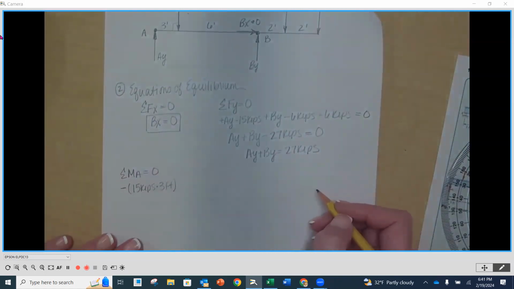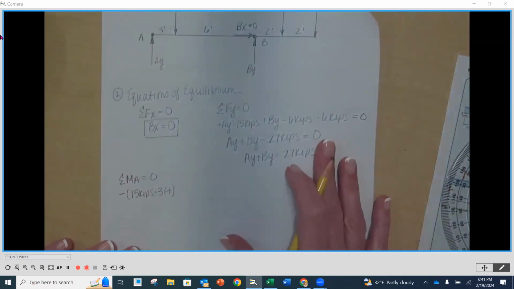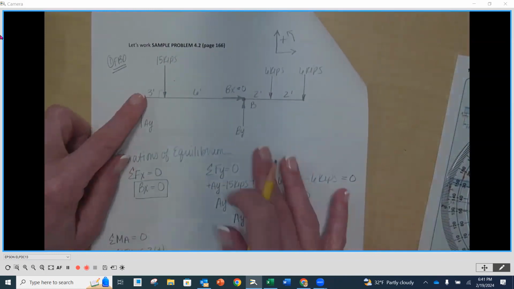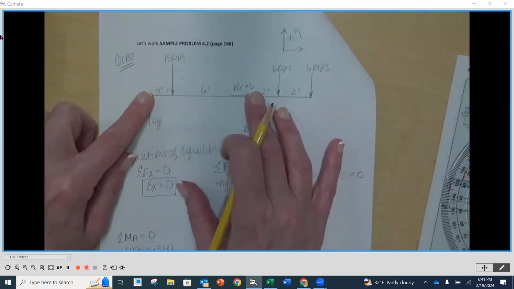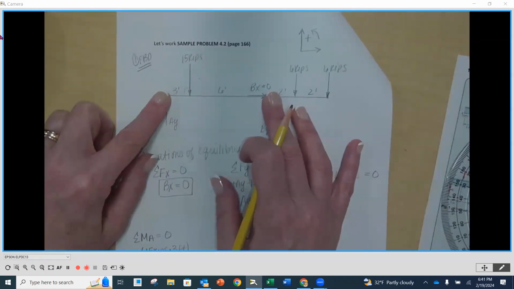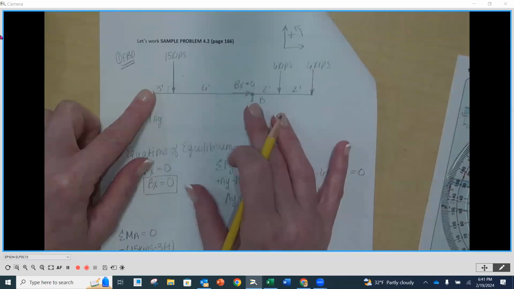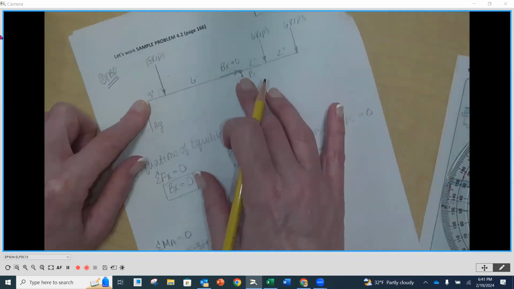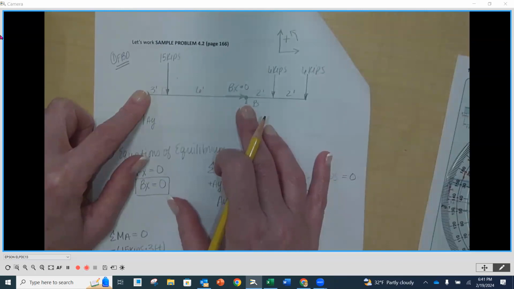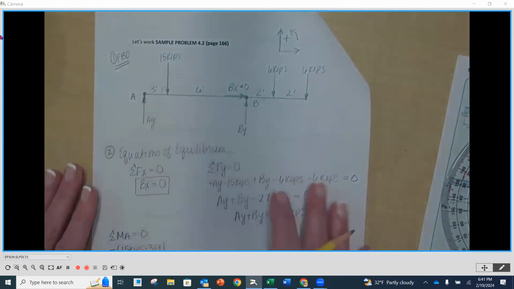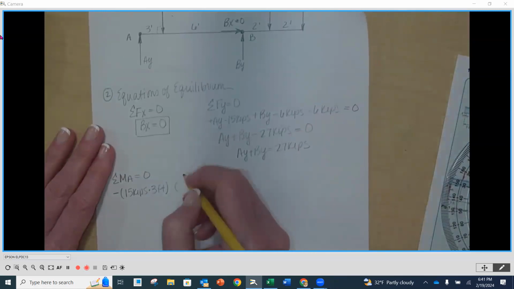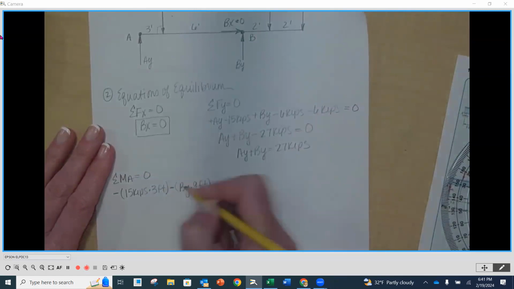Put my finger back on A. And now I'm going to push in the direction of BX. Notice that, well, it's 0 anyway, but it wouldn't cause any rotation. But my BY will. My BY is going to rotate counterclockwise, so that I'll be positive out front. And we're going to take BY times 9 feet.